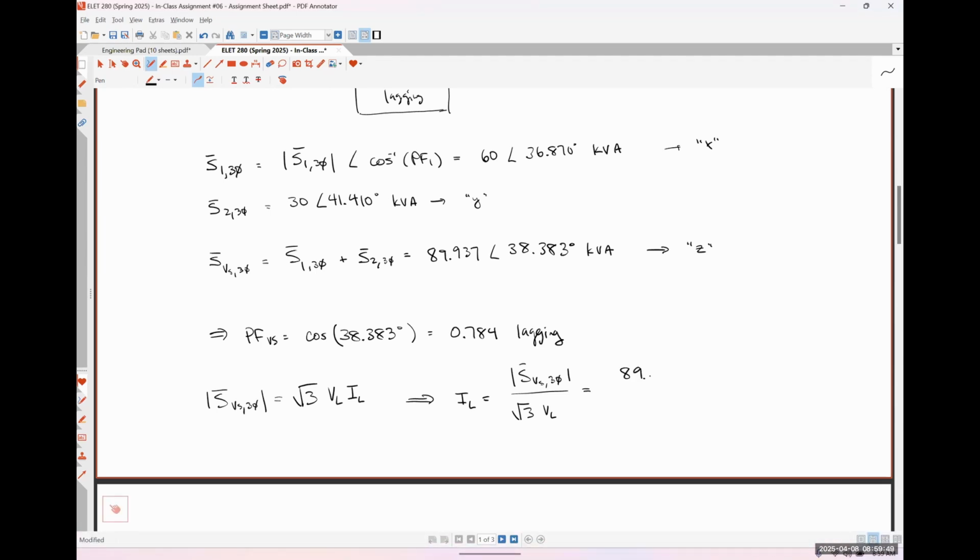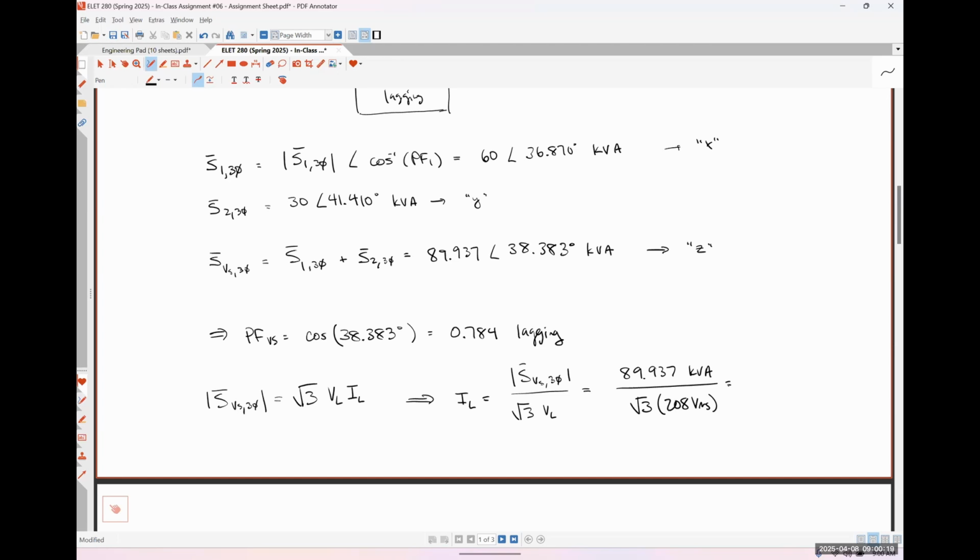So 89.937 kilovolt amperes divided by √3 times 208 volts RMS. So with the units I have right here, this is going to give me a current that's measured in kiloamps RMS because I'm dividing kilovolt amperes by volts RMS. So let's see.